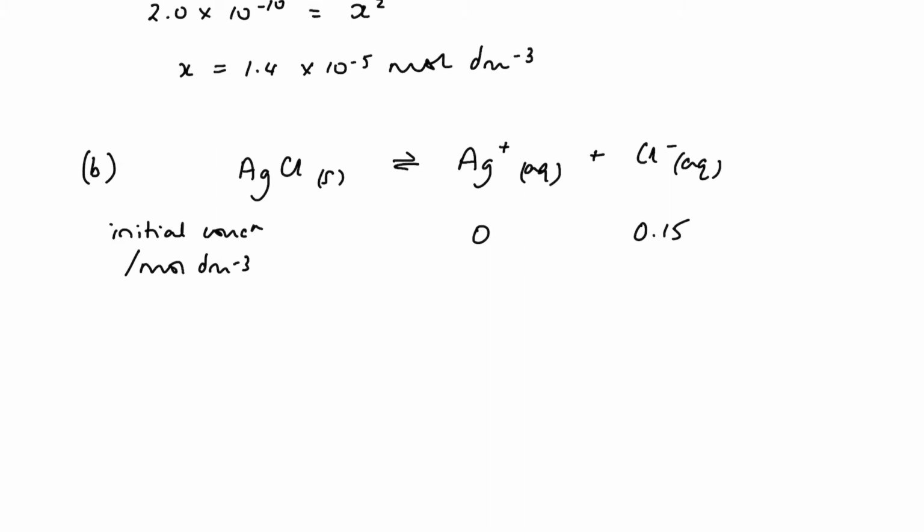Once I've added silver chloride and my solution is saturated and I've allowed it to reach equilibrium, my equilibrium concentration, well, we don't know. I'm going to have x moles of silver ions, and I'm going to have x plus 0.15 mole per decimeter cubed of chloride ions.